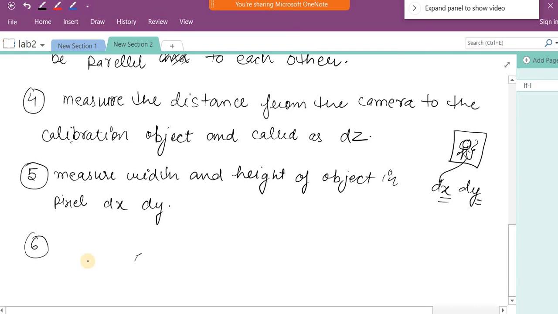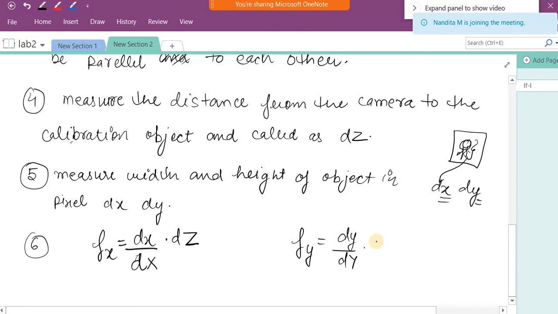By using camera calibration, we have to calculate the focal length, that is fx, and it will depend on the object pixel as well as the rectangular calibration object side and your third coordinate, that is dz. Same thing you have to apply over y also, dy and dz.